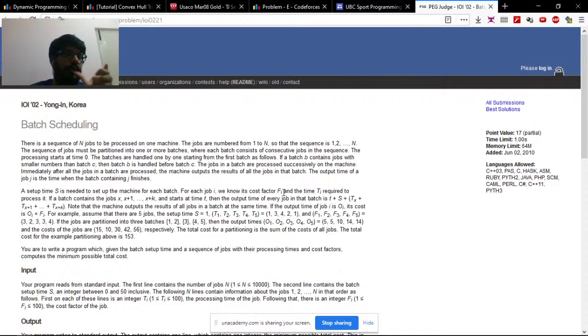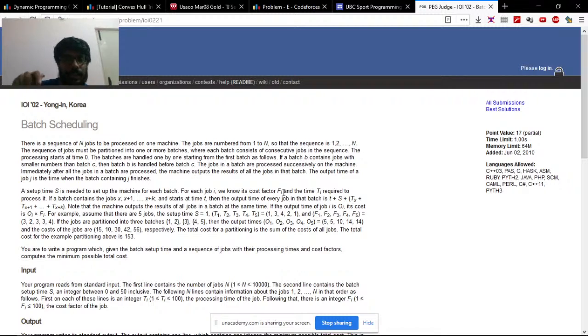What you should do is partition into subarrays, batch them together, and the finishing time for every job in a batch is considered to be the ending time of that batch. The cost for every job is its cost factor times the time at which that batch ends. And the final solution is the sum of all this.